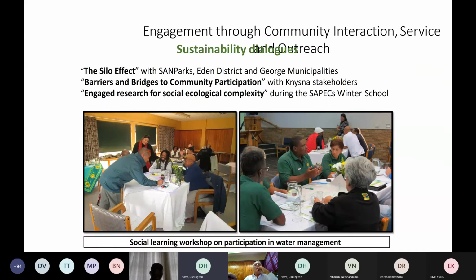You'll find that they use different methods called silo effect, barriers and bridges to community participation, engaged research for socio-ecological complexity. It's different approaches that they use, and you'll find that they involve the community in all these particular aspects, and they also learn from the community what's worked and what hasn't worked.